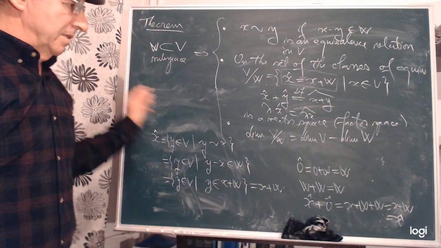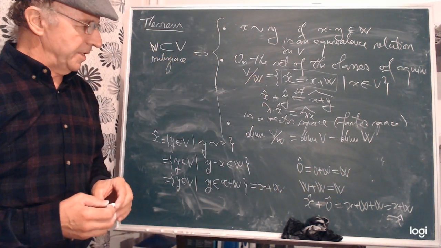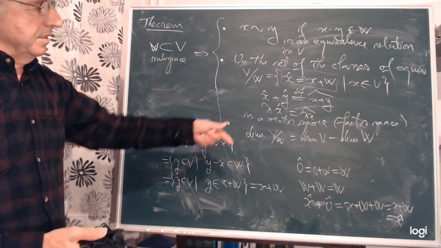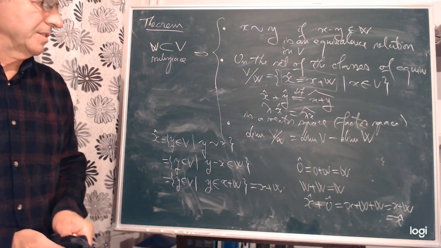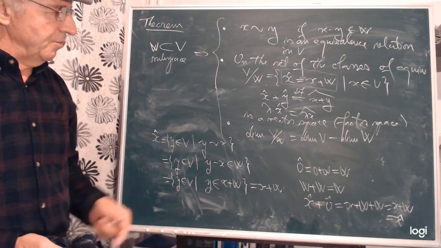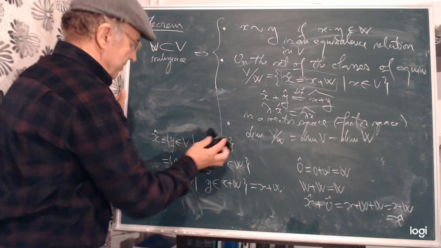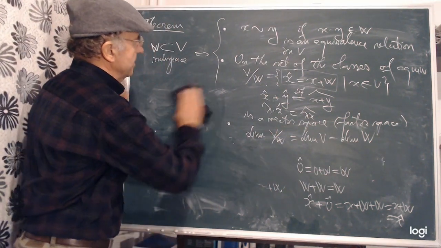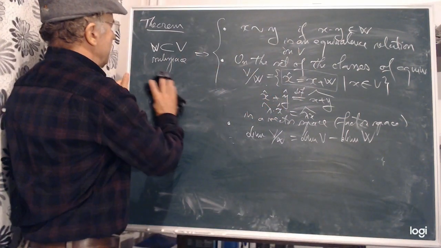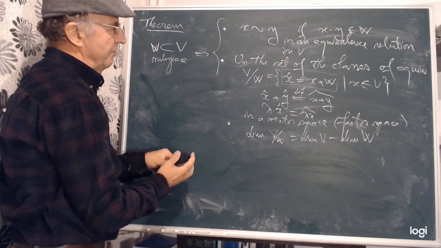So this is indeed the null vector in this vector space. One can easily check the axioms and obtain that in this way we get a vector space. Now the dimension for this. We consider a basis in the subspace W and extend it up to a basis of V.